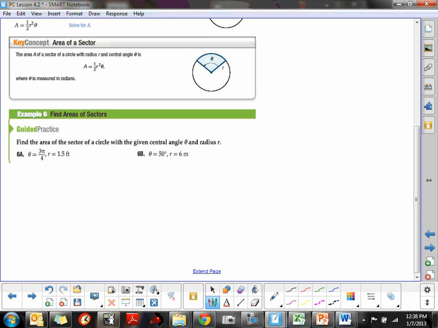Okay, the second one has just a little extra step because theta is measured in degrees. So first we want to convert theta from degrees into radians. We'll use our unit converter, which says 180 degrees is equal to pi radians.